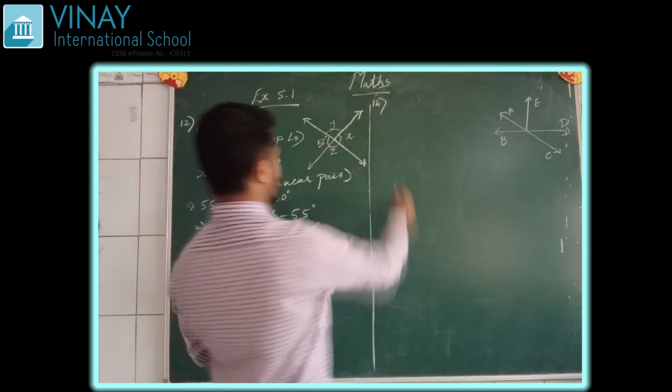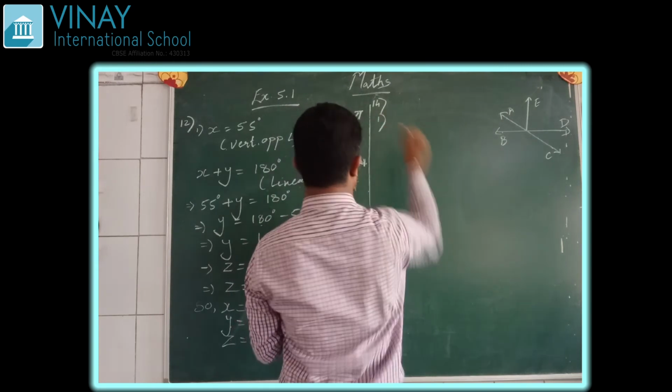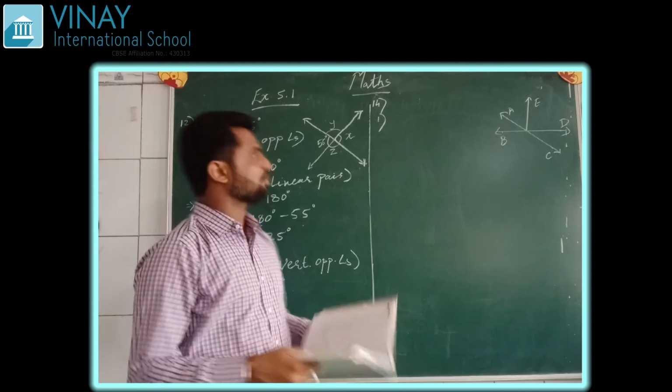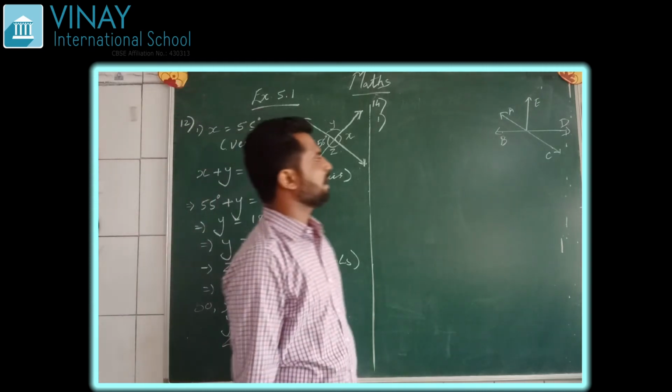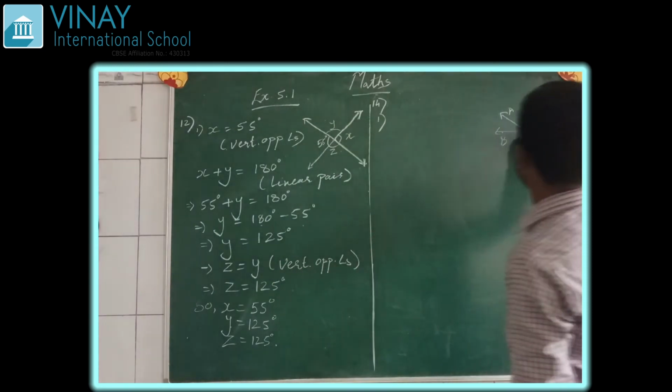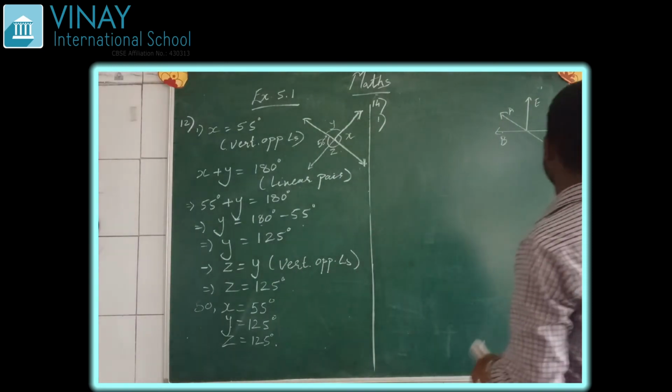Now one question is given like this, one figure is given. In that the first question we have to find out obtuse vertically opposite angle. We have to find out the opposite angle which are obtuse and vertically opposite angle also, and which are obtuse also.